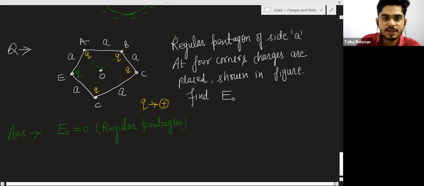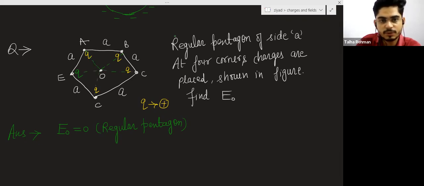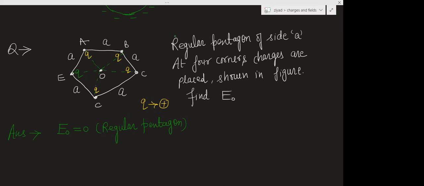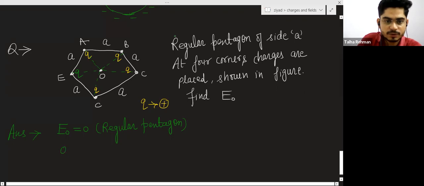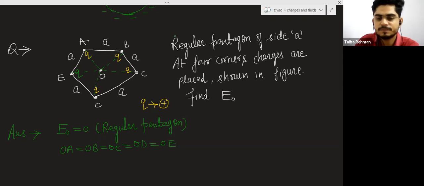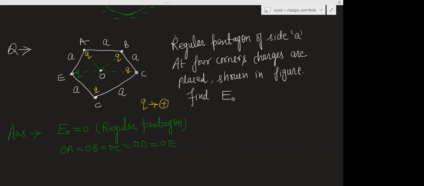All the distances are equal, meaning OA, OB, OC, OD, OE are all equal and given as A, because this is a regular pentagon.